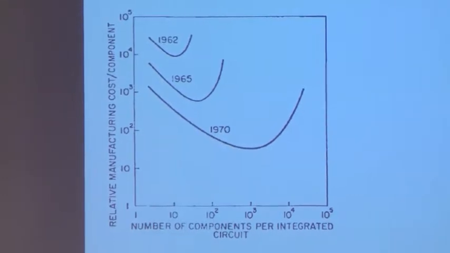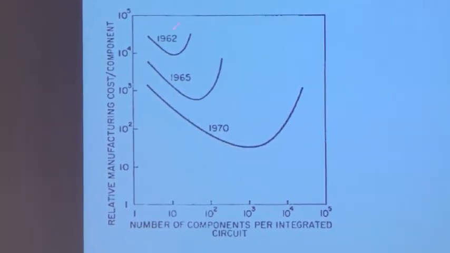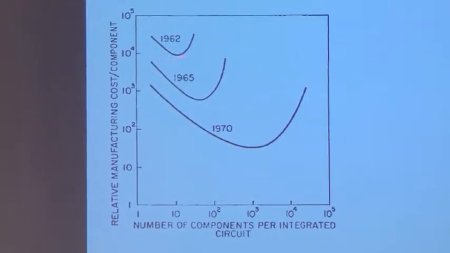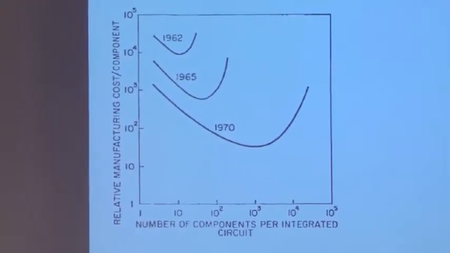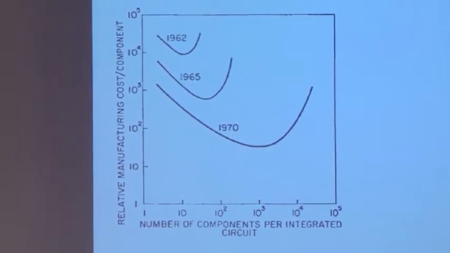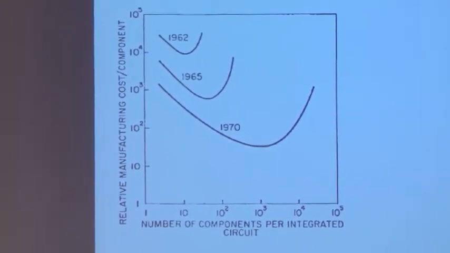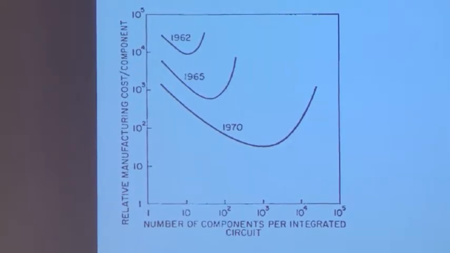What are shown here are curves representing the manufacturing capabilities at different points in time. The bottom line is that if you can integrate more components on an integrated circuit substrate, the cost actually goes down per transistor.